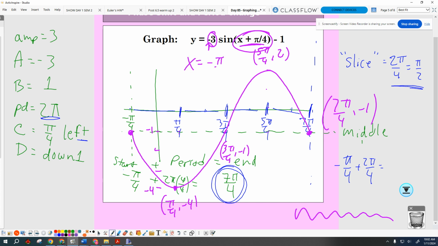The starting point is where this shifted, and where this shifted. So my starting coordinate is that x value, wherever that's 0, and this y value. That's where I start. And then I need to go the period amount. Period we calculate by saying 2 pi divided by the b value.